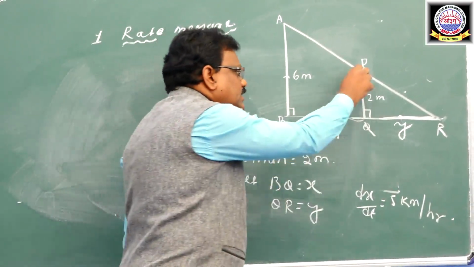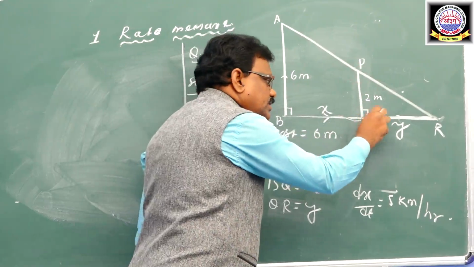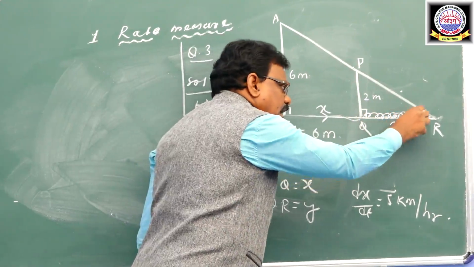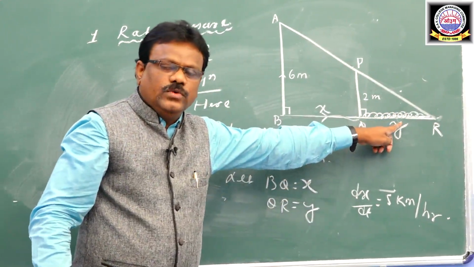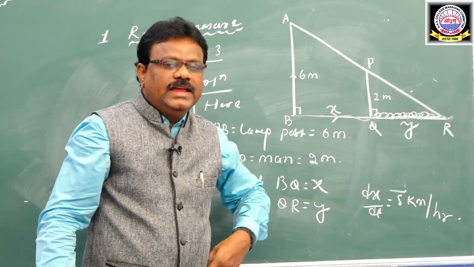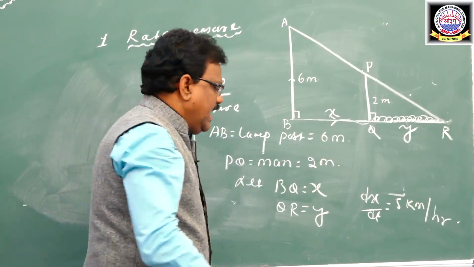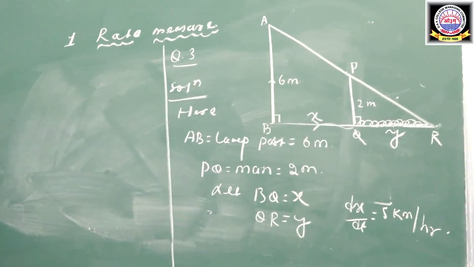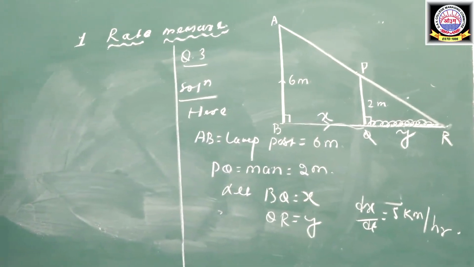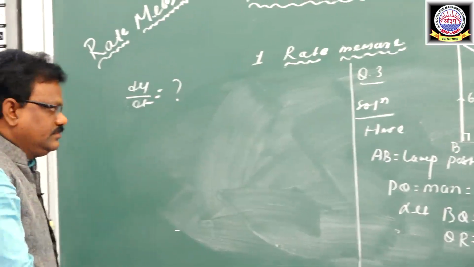The man is here, so obviously this will be the shadow, and the shadow length we have taken as y. So what are we going to find? dy by dt is asked to find.